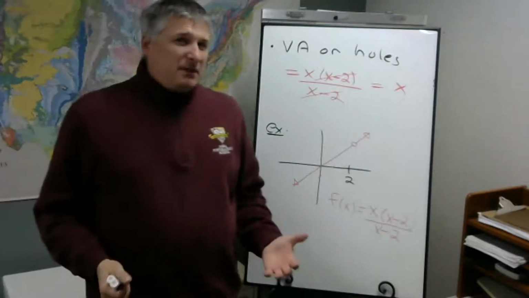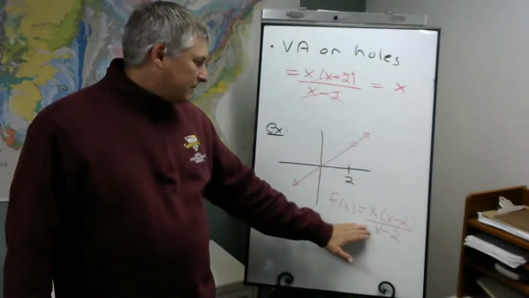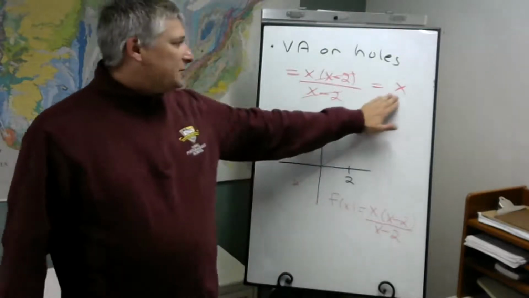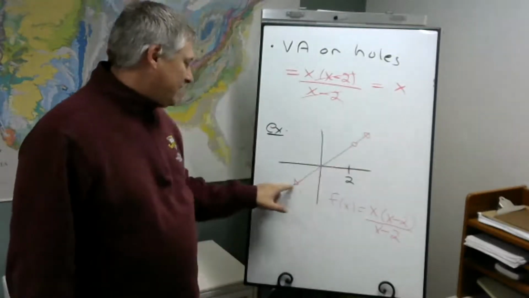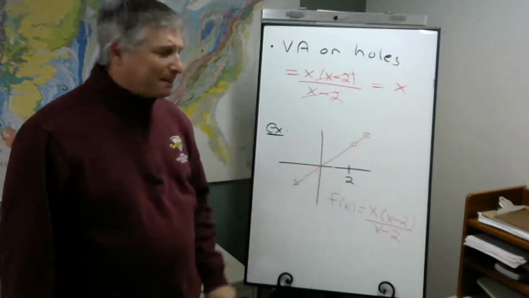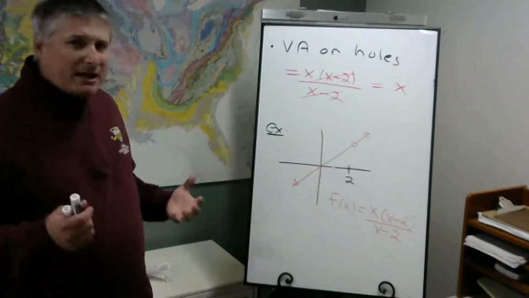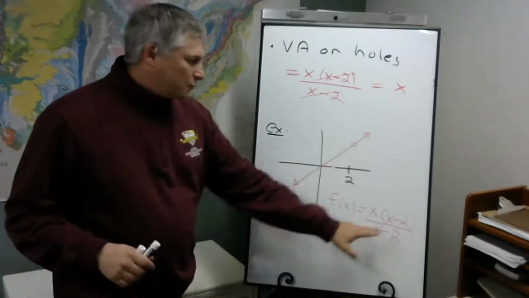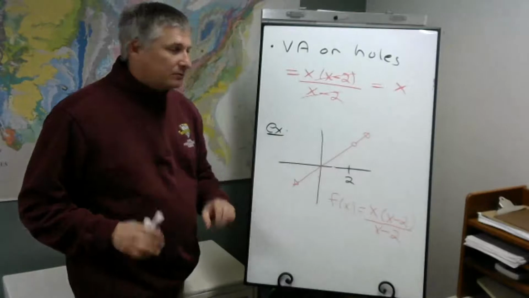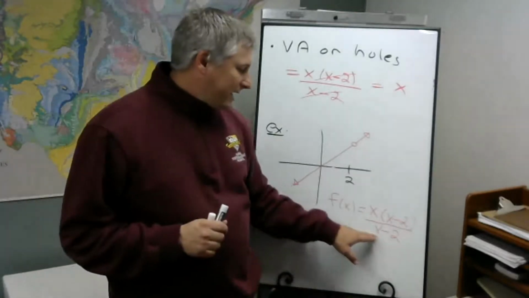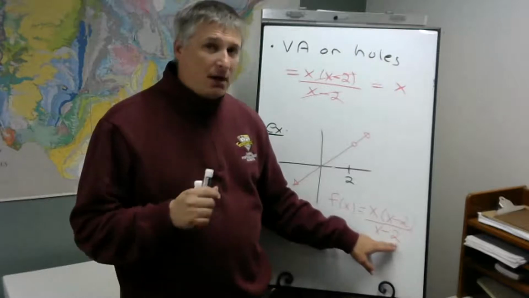So when we graph these types of functions, if we cancel whatever is cancelable, well, this is what we actually graph. This is that function y equals x passing through the origin, not passing through here. But, and here's the thing, we never forget the original form of this function. The original form says, well, wait a minute, you've got an x minus 2 in the denominator.